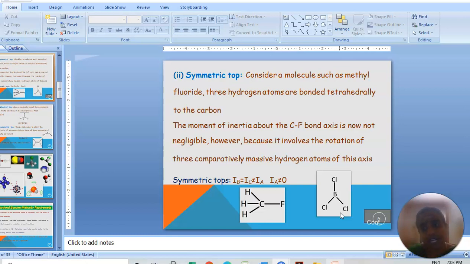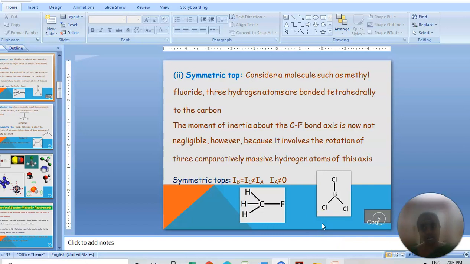As in the case of linear molecules, the ends out of the plane of the paper are still identical.